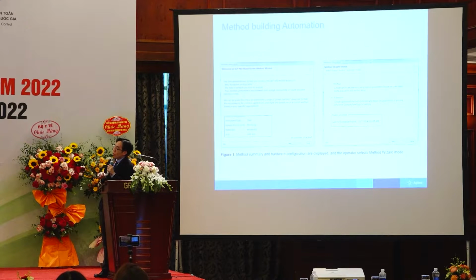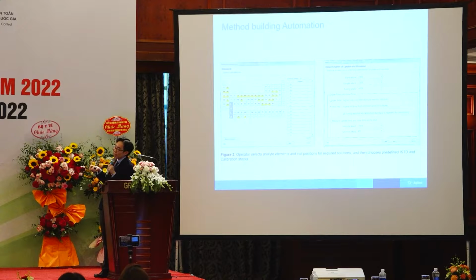Next, do you want automatic building of the method, or a more manual type if the user is more experienced? Then selecting the elements and setting up the different standards. The standards the users still have to prepare themselves.